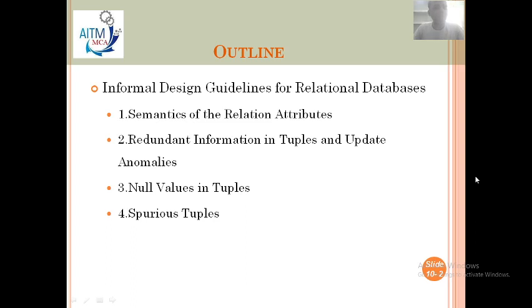Then spurious tuples. Spurious tuples means unwanted information. It should not be there in the table. Got it? So we have to remove such kind of things. Whenever you join multiple tables, unwanted information should not be generated.